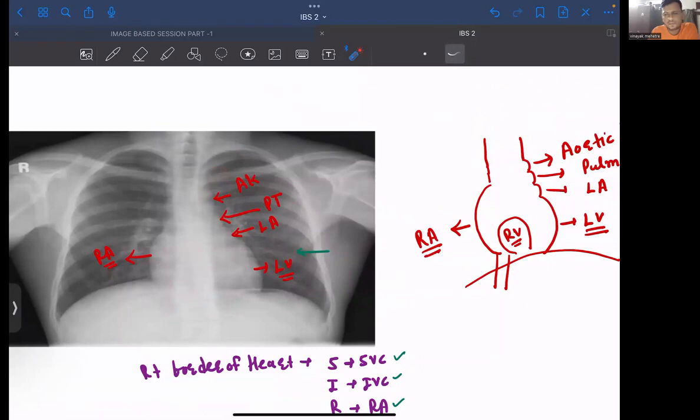Right? 1, 2, 3, 4. But if you remember anatomically very well, first rib is going like this. Okay, first rib is going like this. So actually the answer was fifth rib.